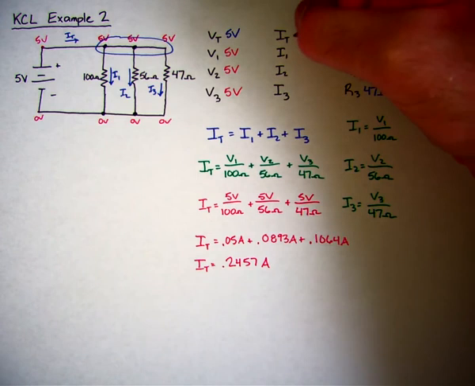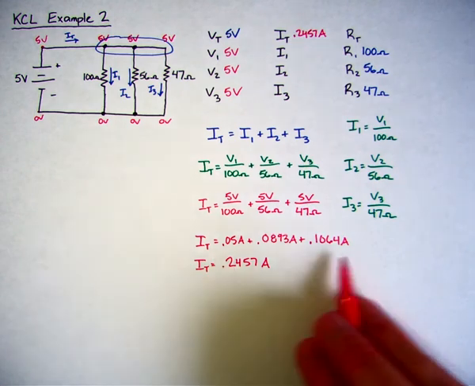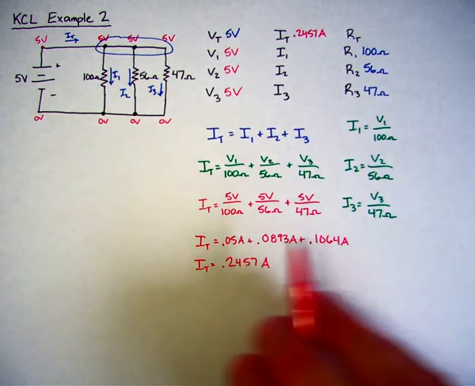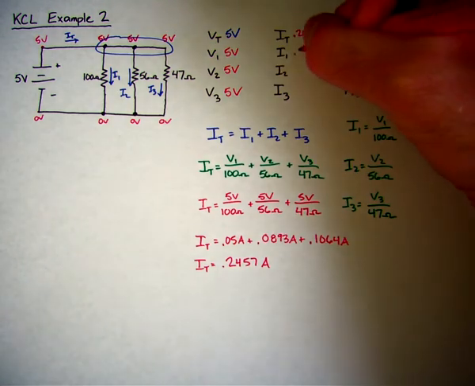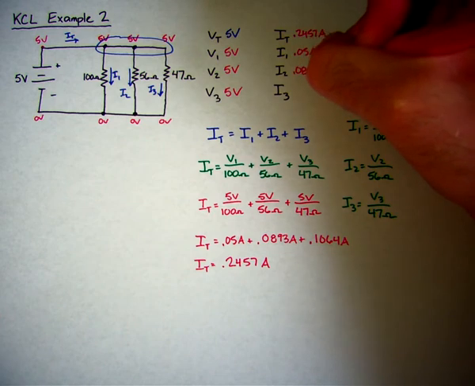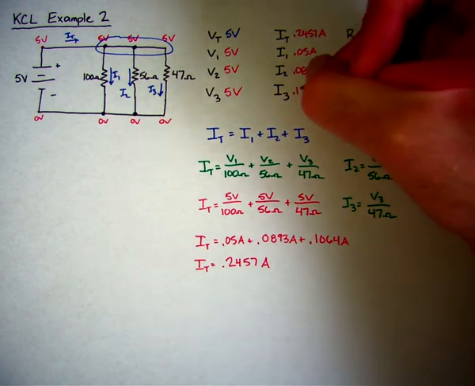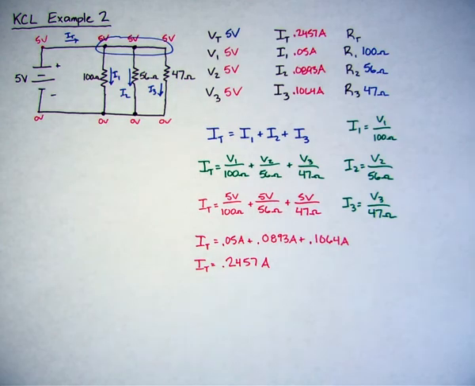So I know that 0.2457 amps is my total current, which means that if I wanted to find the individual currents, I've already found those from my calculation inside KCL. So I have 0.05 amps, 0.0893 amps, and 0.1064 amps. And the last thing I need to do is find my total resistance.